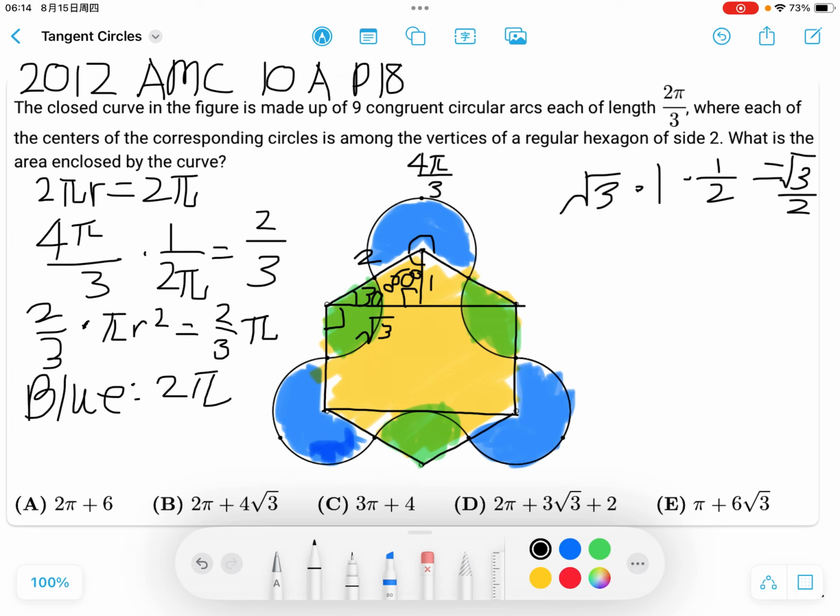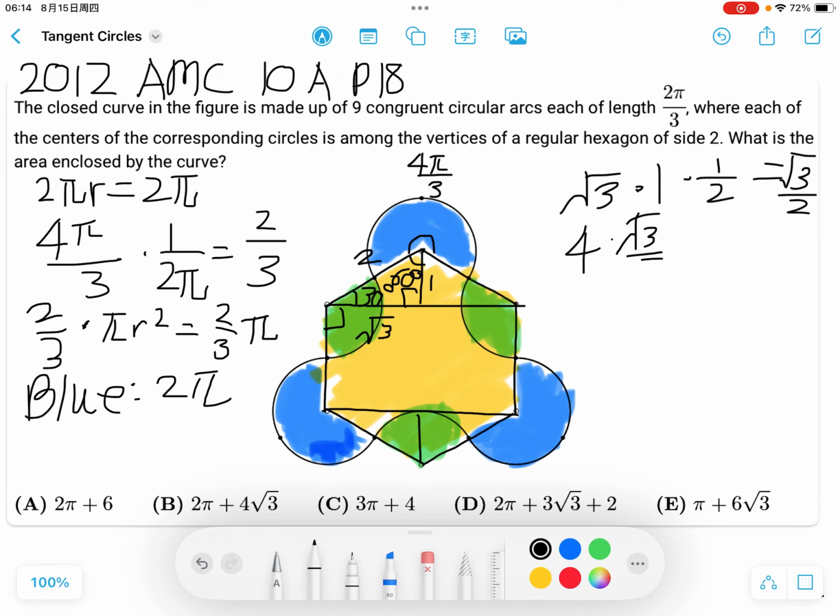We have 4 of these small triangles like this, right? We have 1, 2, 3, 4. So we have 4 times root 3 over 2, which is just 2 root 3.